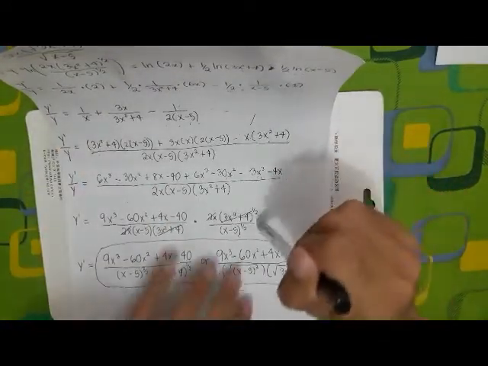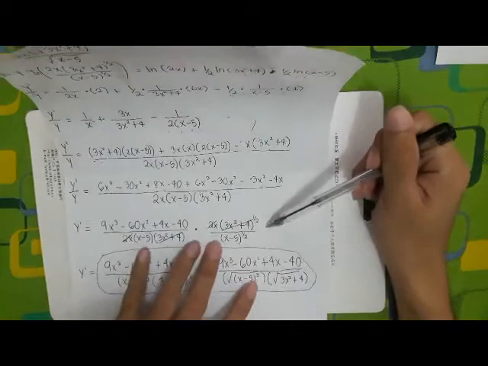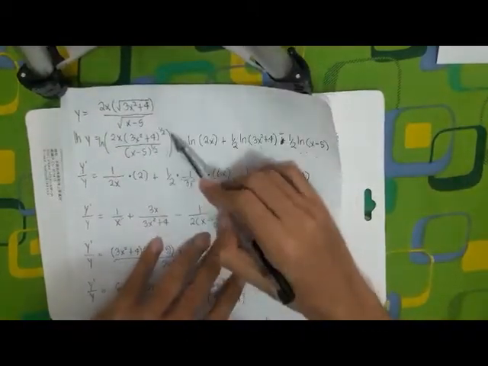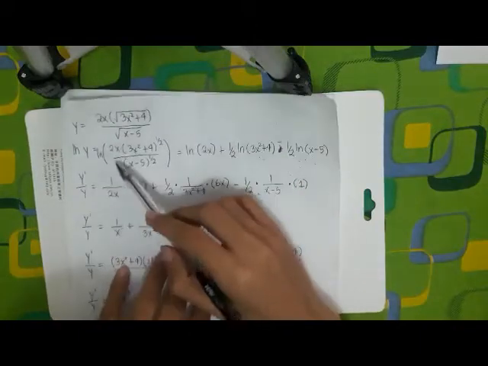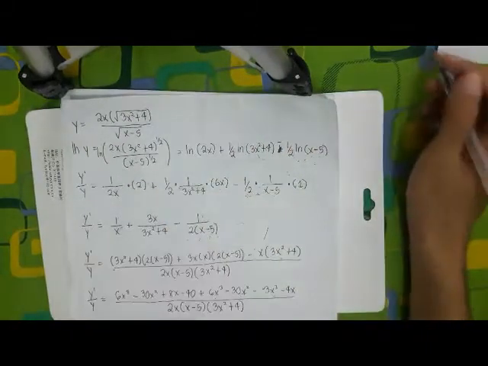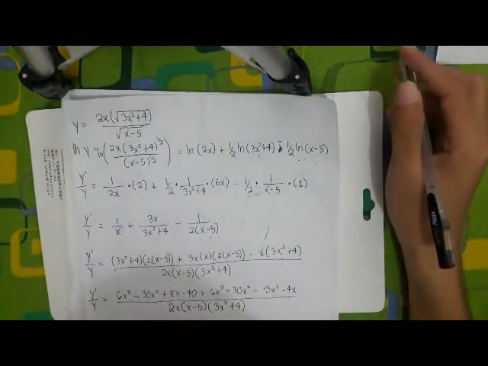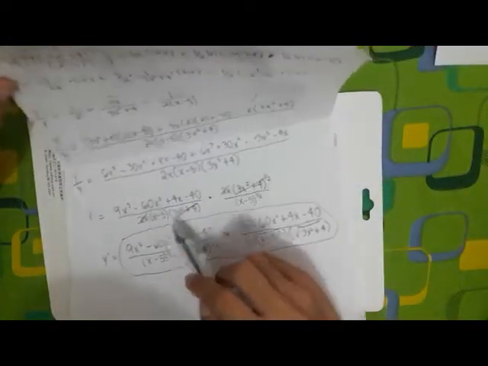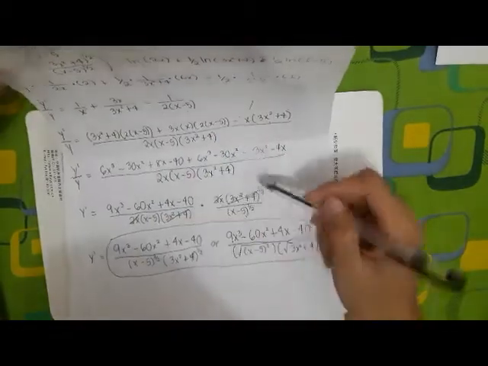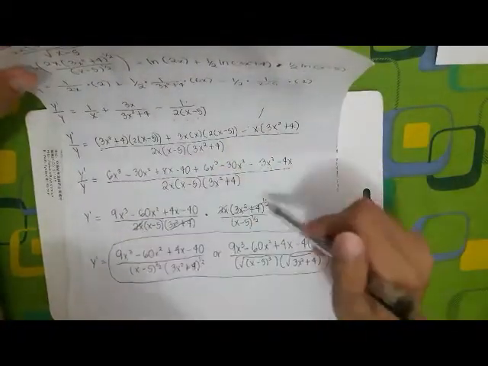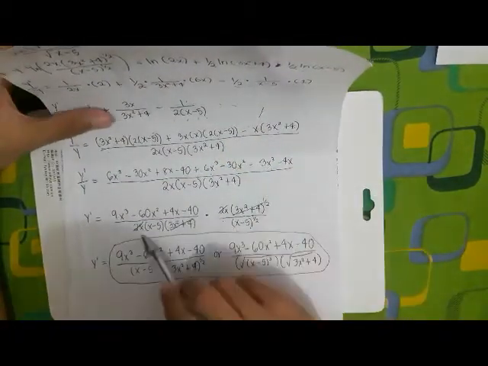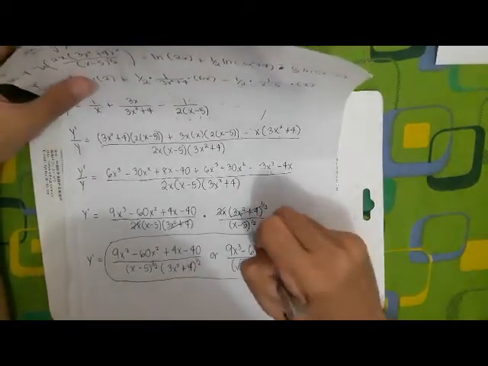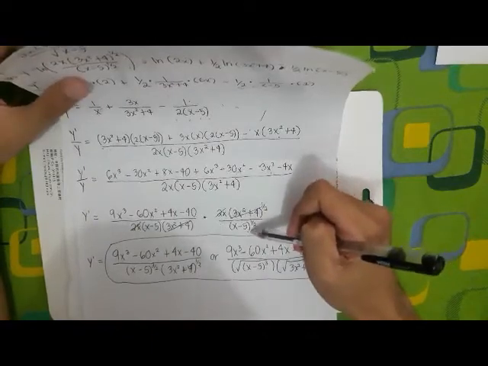Now we multiply it by y, the value we started with, which is 2x times 3x squared plus 4 to the power 1 half over x minus 5 to the power 1 half. Multiplying in the single fraction, we cancel 2x and cancel 3x squared plus 4, leaving x minus 5 to the power 1 half.